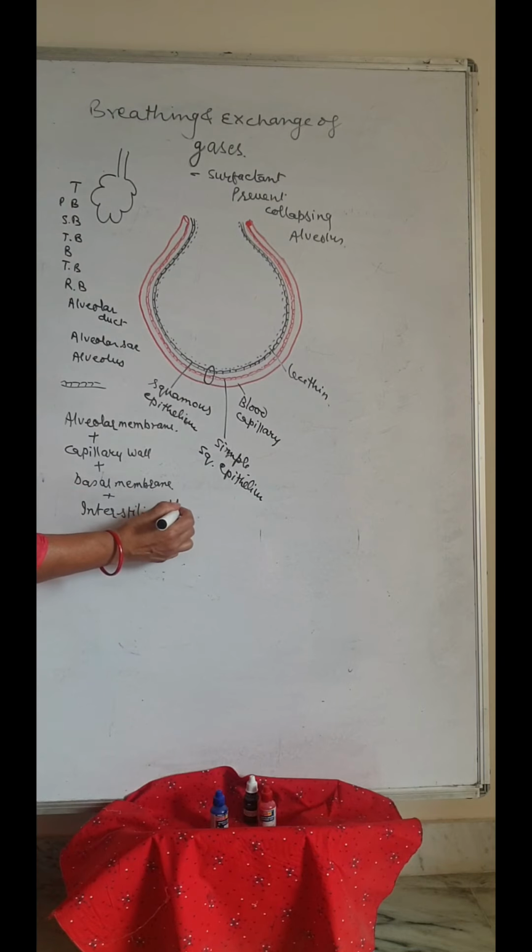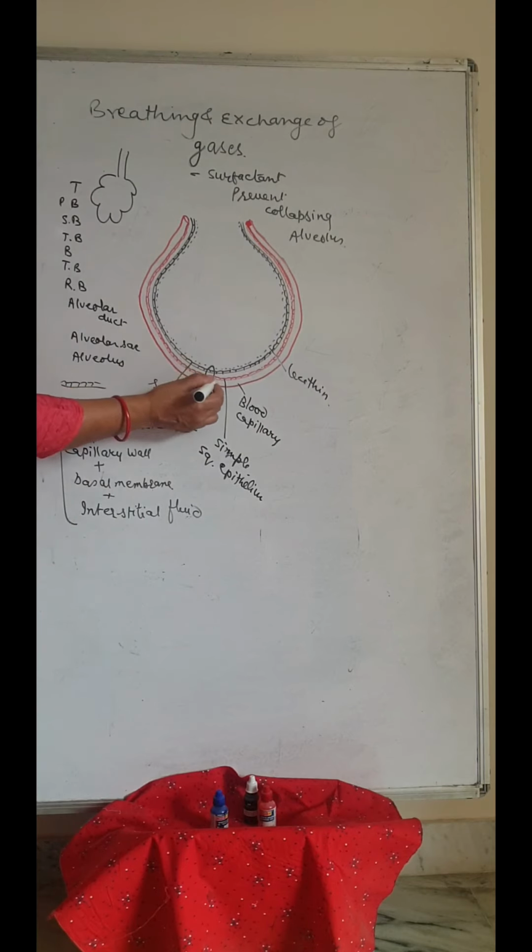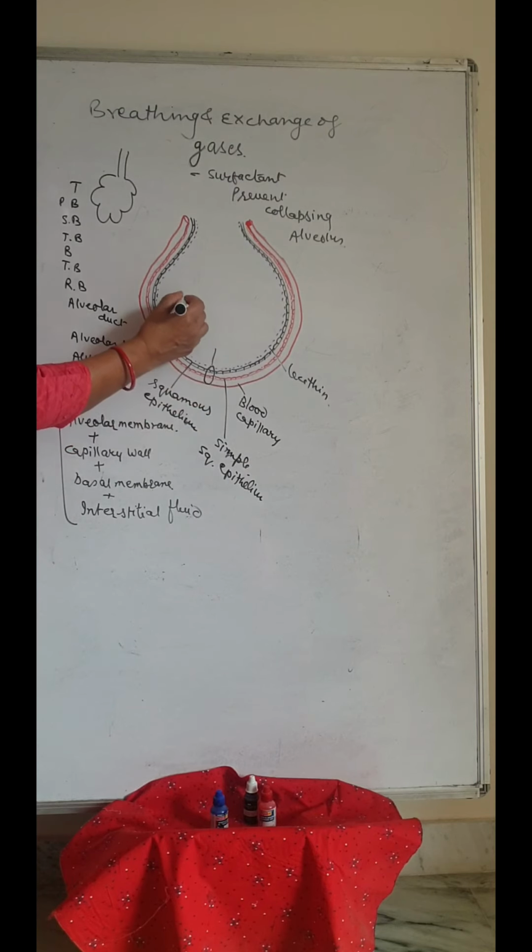So all these structures, alveolar membrane, capillary wall, basal membrane, and interstitial fluid, form the respiratory membrane.